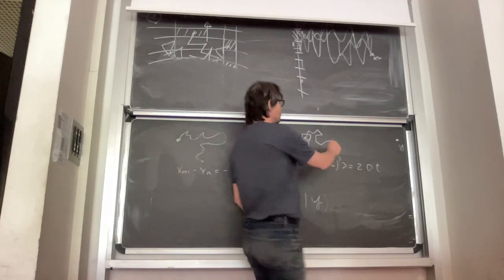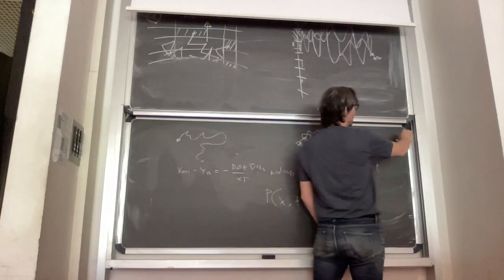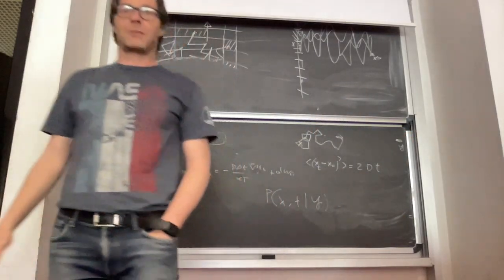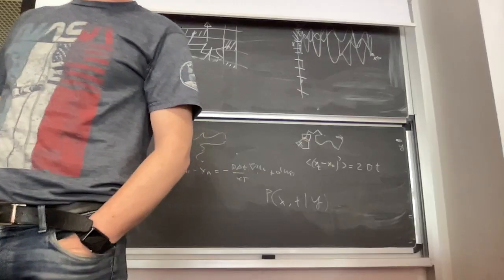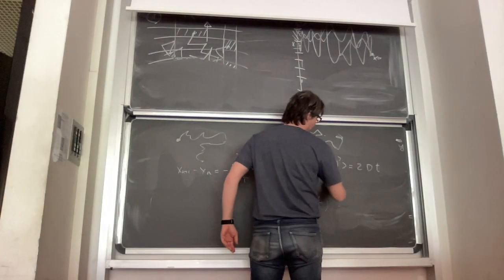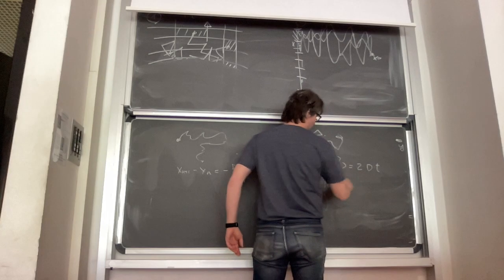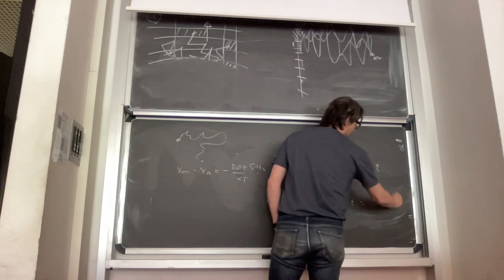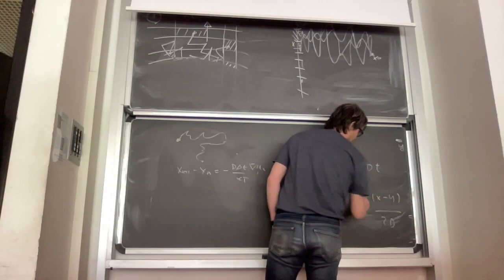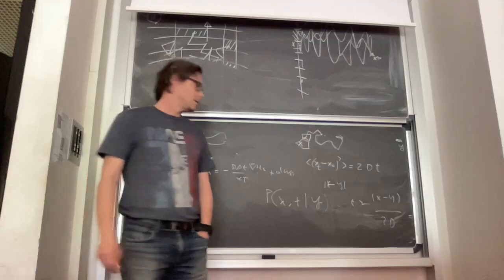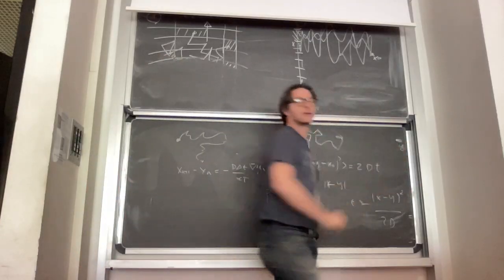So this allows you to estimate more or less how long it takes until you reach a place that is that distant from the initial place, right? If x minus y is the distance, the time would be of order x minus y squared divided by 2D. That's more or less the order of magnitude, okay?